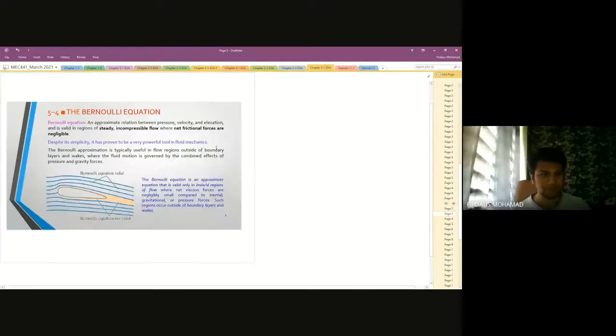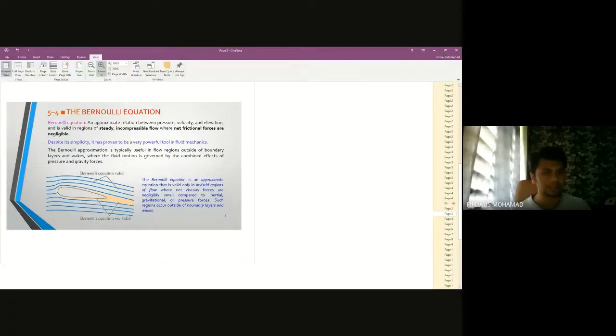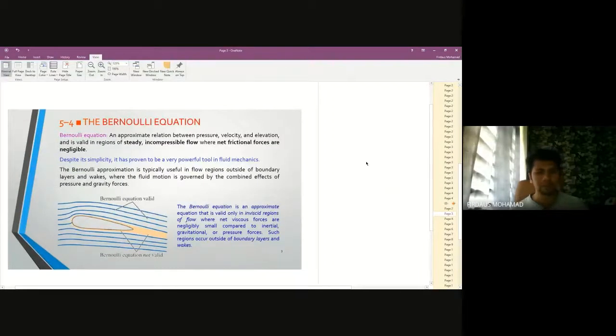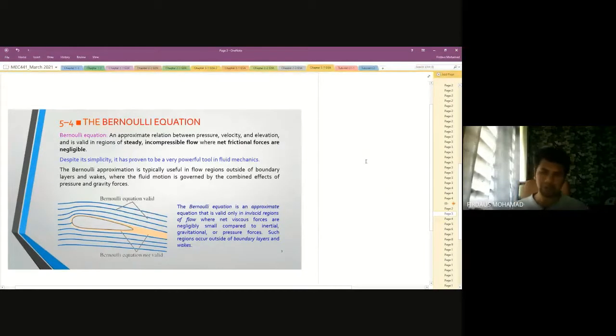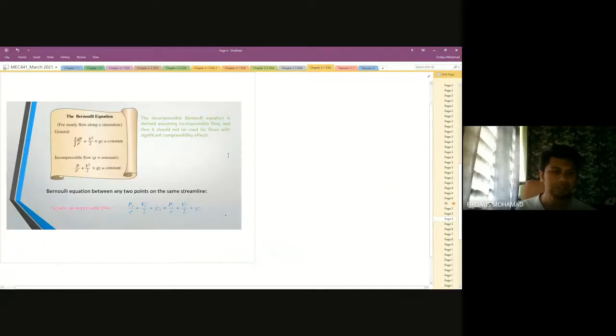So ada benda yang saya tak perlu explain lah, you boleh baca sebab saya dah explain dalam first introductory part tadi. So ni pun sama, saya dah explain in term of energy equation. So Bernoulli equation between any two point, okay, any two point on the same streamline. So kita dapat tadi kan, P1 over rho ni apa?